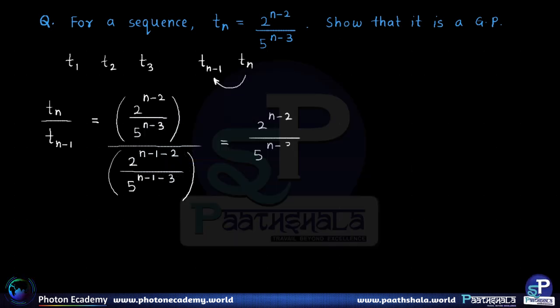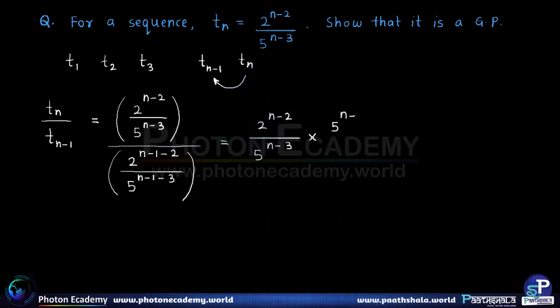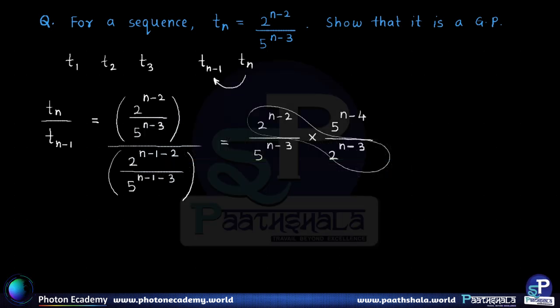So moving further, this gives us 2 raised to n minus 2 upon 5 raised to n minus 3. And the expression which is in the denominator, we will flip it, so the denominator will go to the numerator, that is, it will become 5 raised to n minus 4, because n minus 1 minus 3 is n minus 4, and in the denominator we have 2 raised to n minus 3. So therefore let's club the terms which have 2 as the base and write them in the numerator.